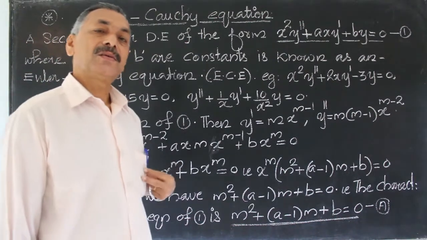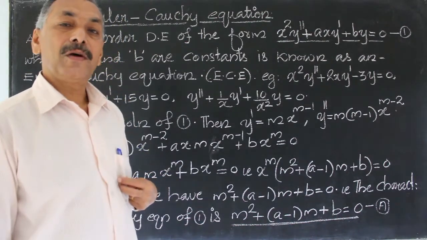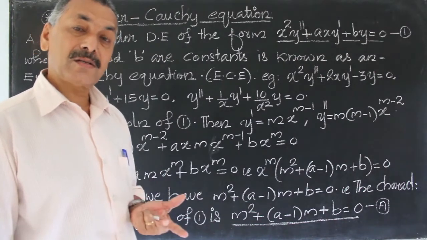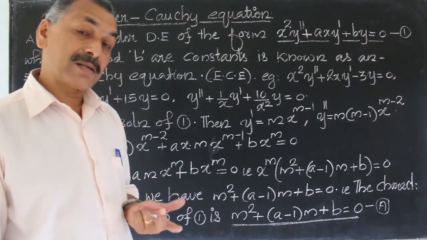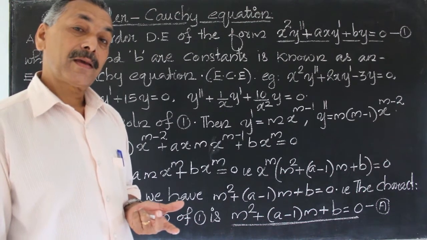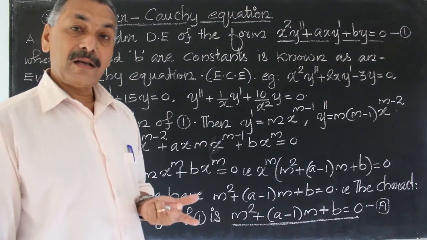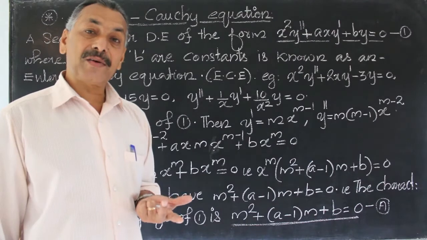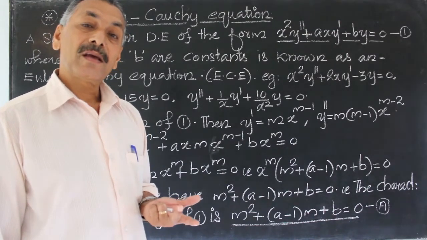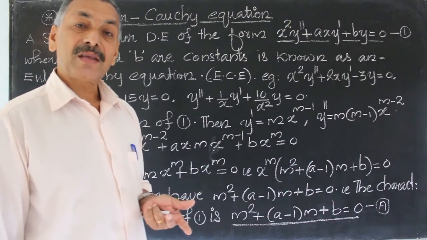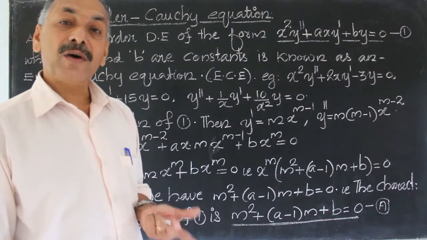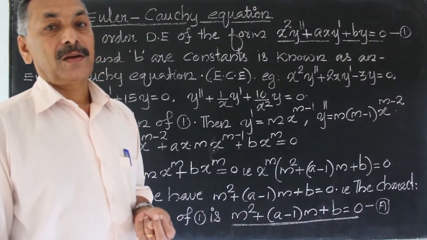Before that, what is the general form of a second order homogeneous linear differential equation with constant coefficients? The general form is y'' + ay' + by = 0.